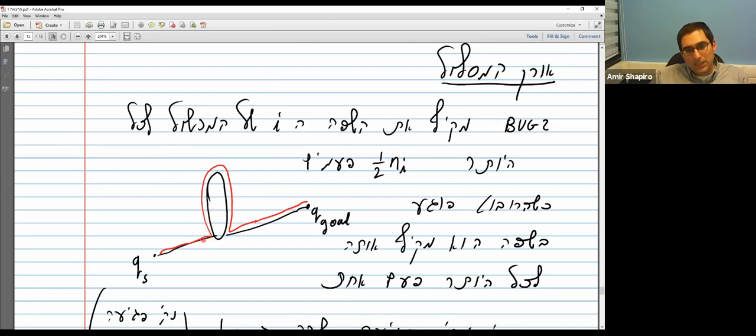If the line intersects twice, then we'll go around the entire obstacle at most. And why the entire obstacle? Because the line can be at the end of the obstacle. So at most I have to go over the entire boundary of the obstacle. So I have half the n_i times.